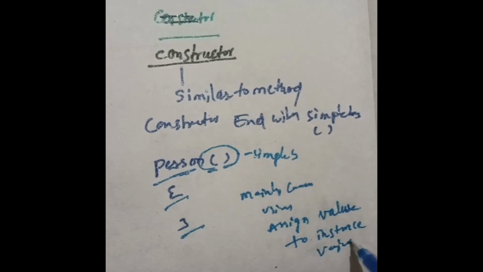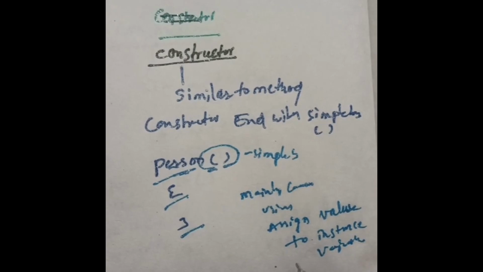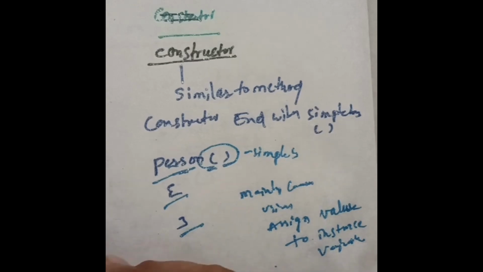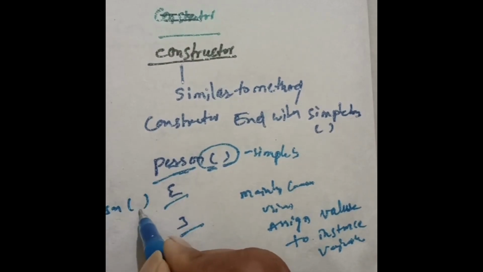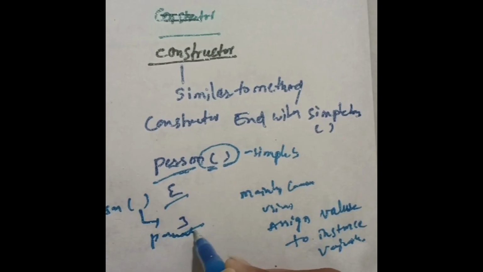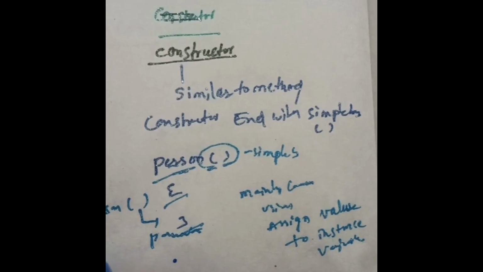A constructor may have parameters, or may have no parameters. Suppose our constructor is Person with no parameters. This is called the no parameter constructor.